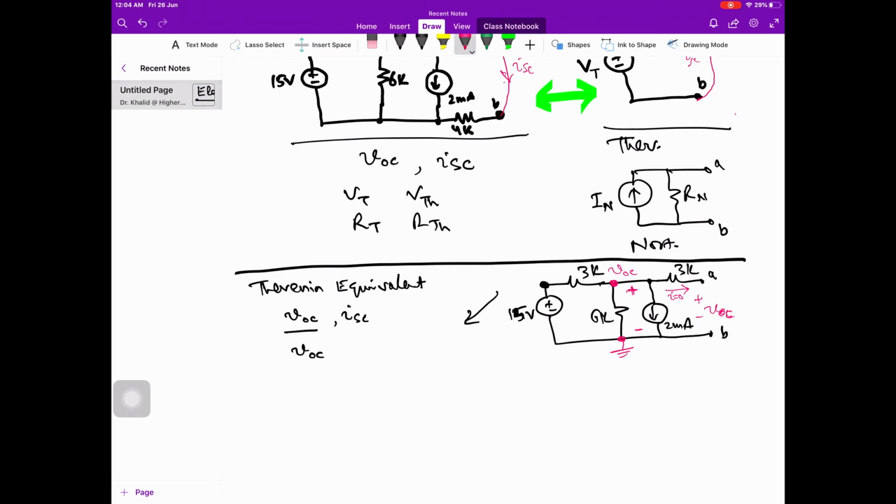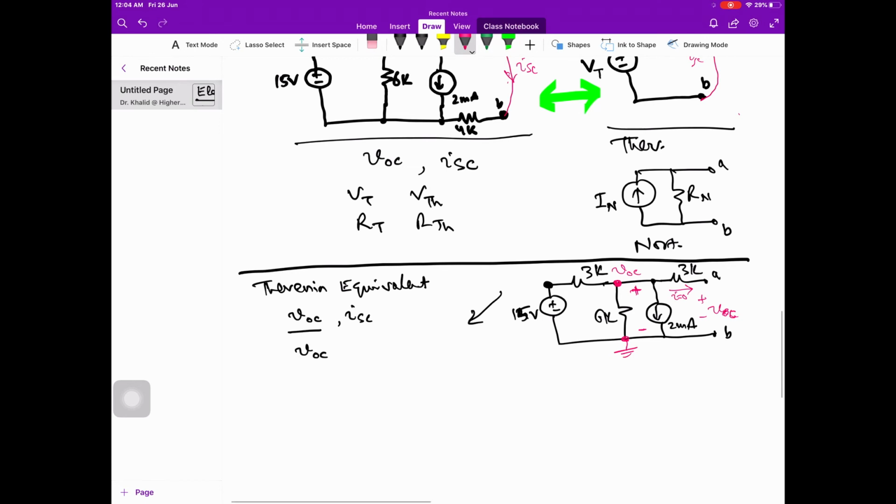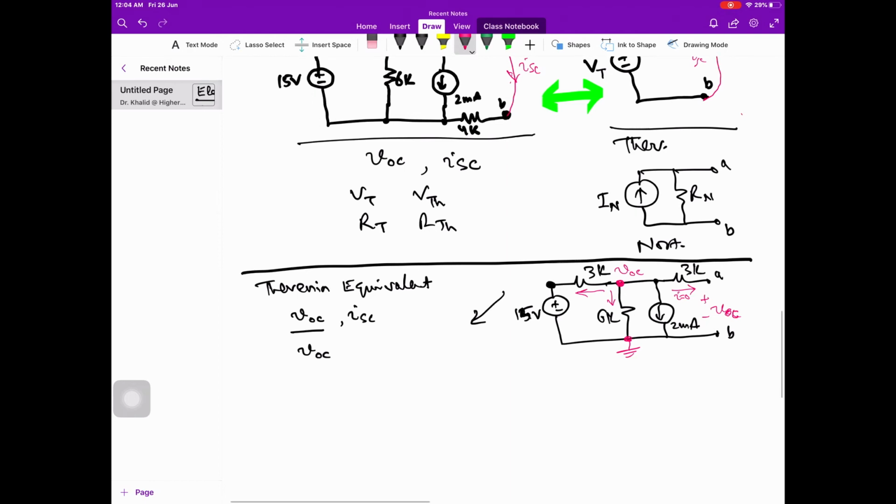As you know, I'm writing a node equation, and if you have listened to my previous lecture, when writing a node equation at any node, we assume all the currents are flowing away, except where some current source is connected to the node. In such a case, we will follow the direction of the current shown in the current source. And in this case, the current through the current source is also flowing away from this node.